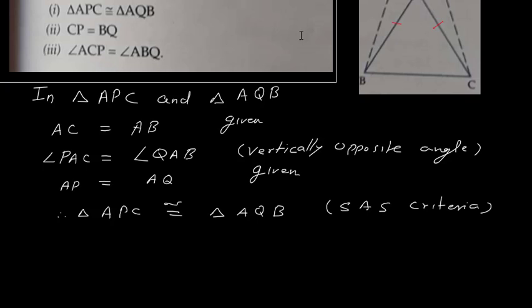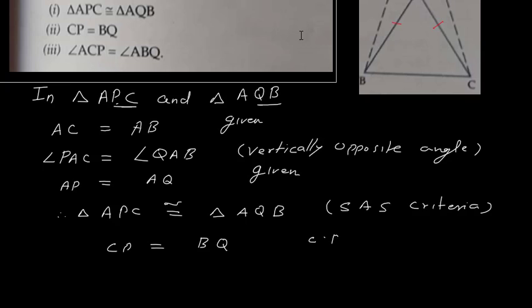Once I prove that these two triangles are congruent, their corresponding parts, that is CP and BQ, are going to be equal. So CP is equal to BQ.